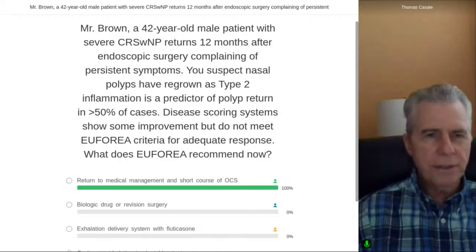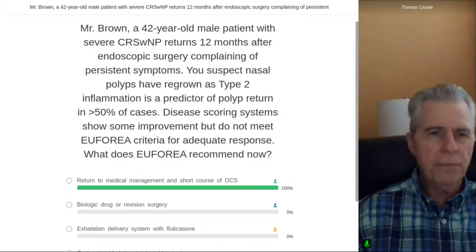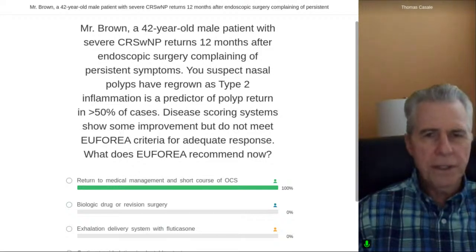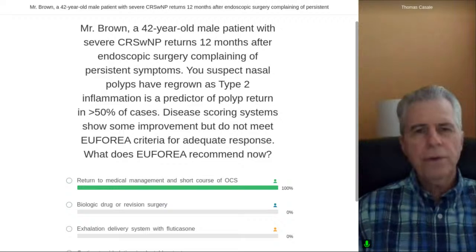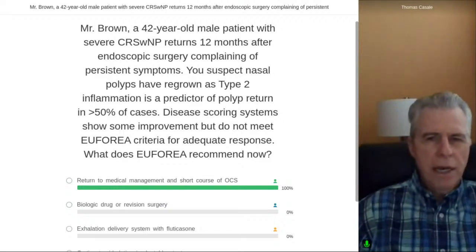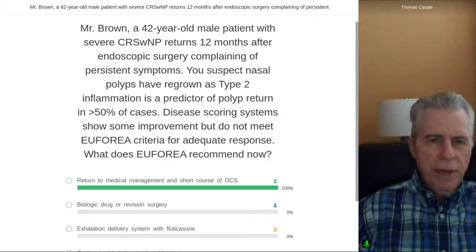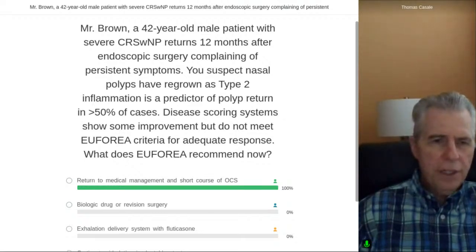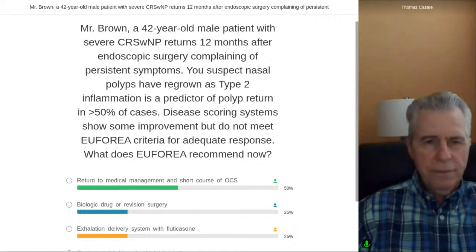Disease scoring systems show some improvement, but don't meet EUFOREA criteria for adequate response. What does EUFOREA recommend now? So, return to medical management, short course of oral corticosteroids, biologic, exhalation delivery system with fluticasone, or corticosteroid-eluting implantable stent.